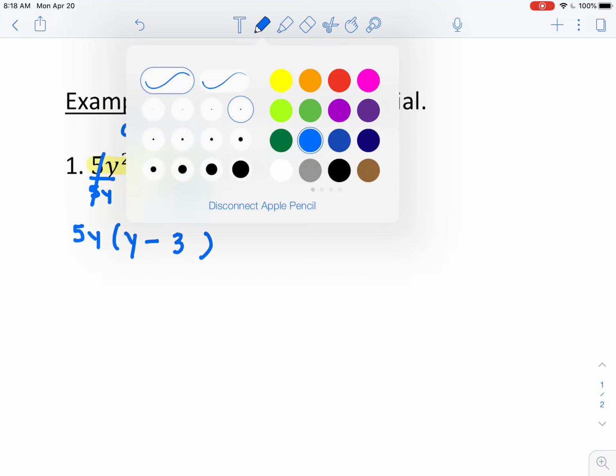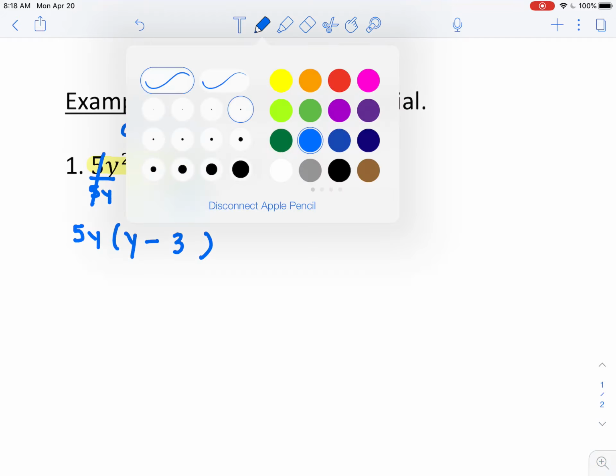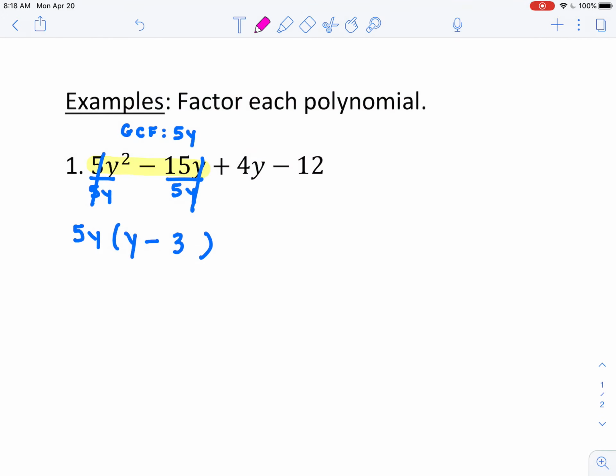Now I'm going to look at my second set of terms. In the second set of terms, our GCF is 4. That's the biggest number that goes into both items. So again, I'm going to factor out the GCF of the second 2 terms, so they each divide by 4.